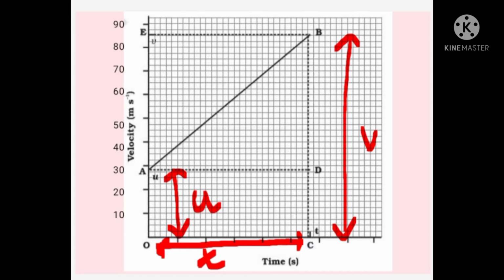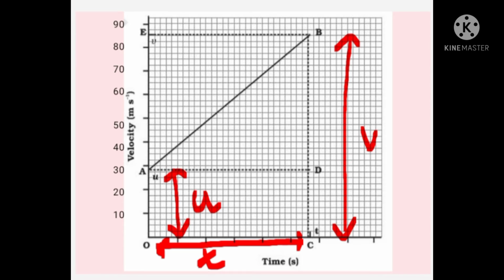The time interval for this journey is represented by the length of OC, and also it is represented by the letter t as shown in the figure. Also, the length of OC is equal to AD because they are parallel and equal length. Then, can you find out the change in velocity from this graph? We know that the change in velocity means v minus u.